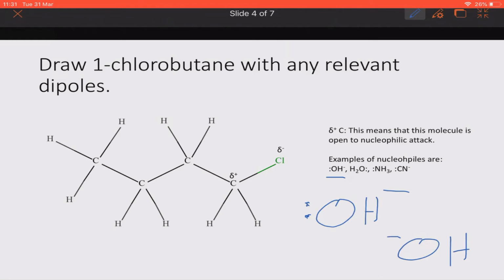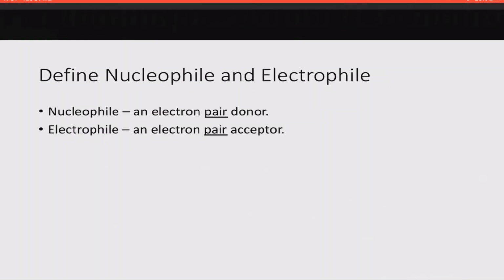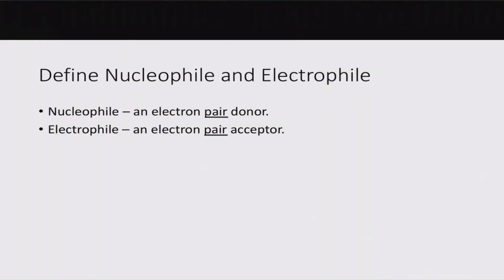Okay, so if we're drawing a mechanism, it's important that we draw it as one of these two options. Personally, I draw my hydroxide ions like that. Okay, but of course these are all nucleophiles, so those we can see either have a negative charge or a lone pair of electrons. That allows them, if we go back for a second, to be an electron pair donor.